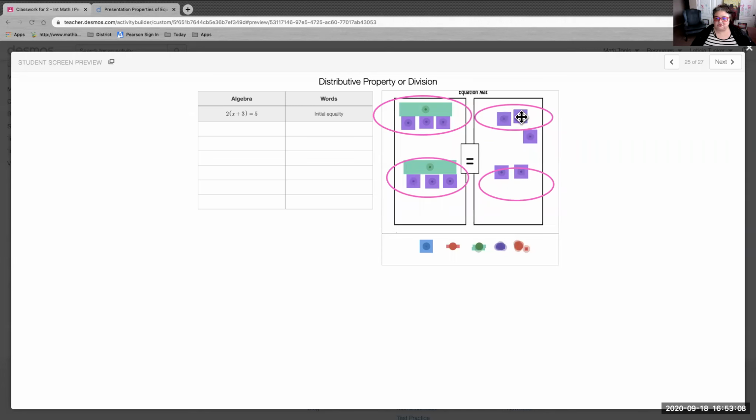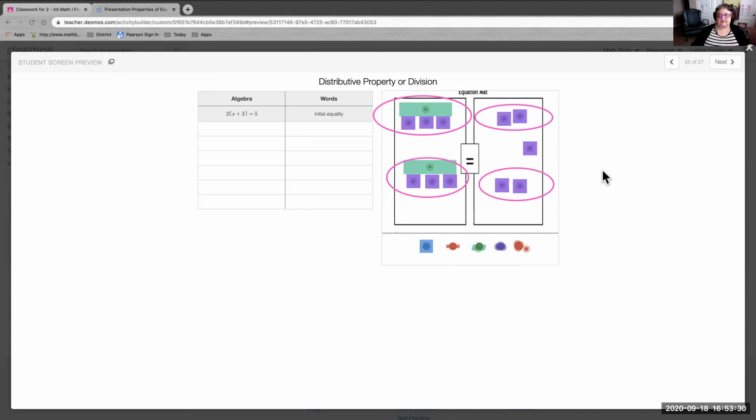See, I can put 2 here, 2 here. But what am I going to do? If I put it here, it's not going to be the same. See, it's not going to be the same. So I could resolve it by putting half. Then you're going to have to work with fractions and trying to solve that.